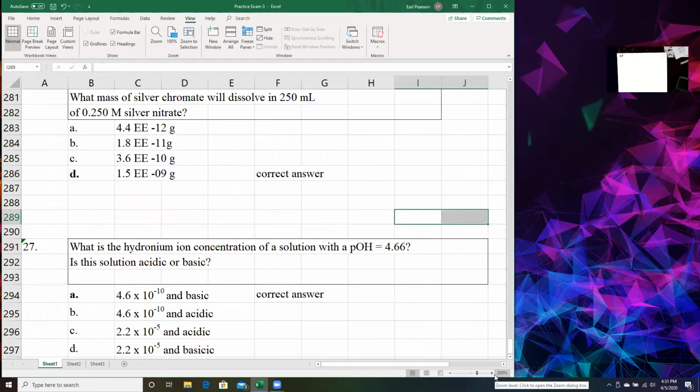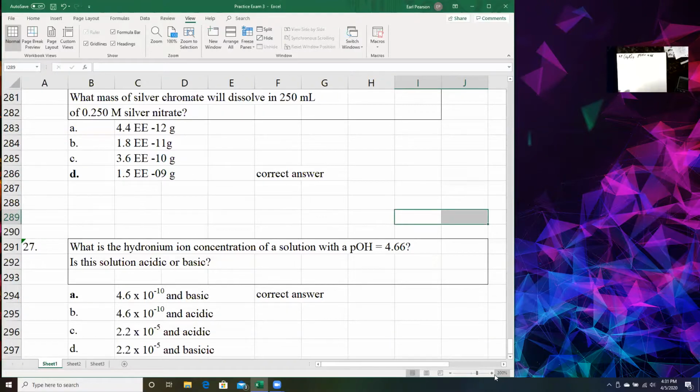Okay. What is the hydronium ion concentration of a solution with a pOH of 4.66? Is this solution acidic or basic? So I want the hydronium ion concentration, H3O plus concentration, if the pOH is equal to 4.66.